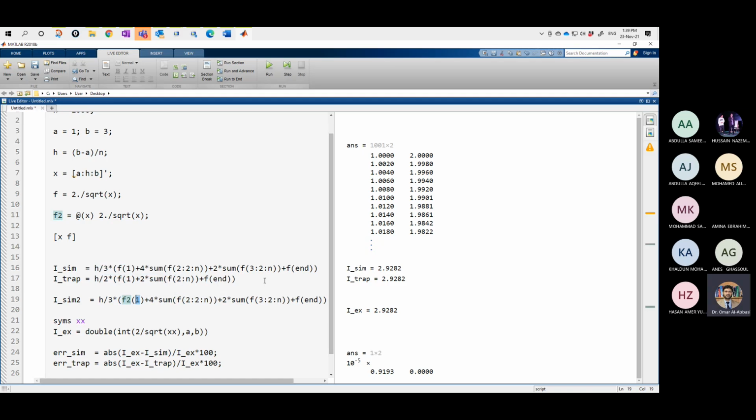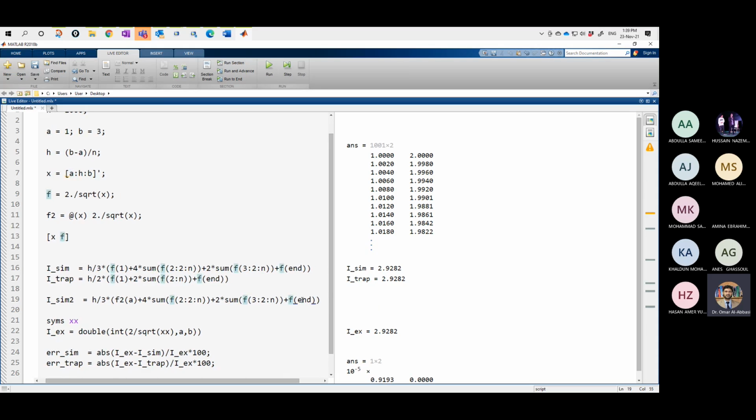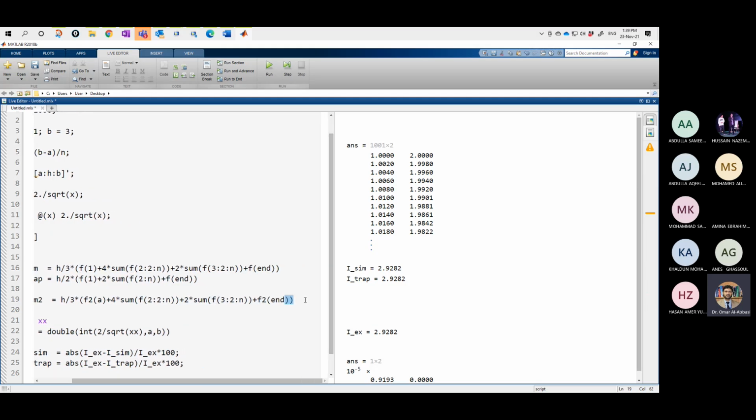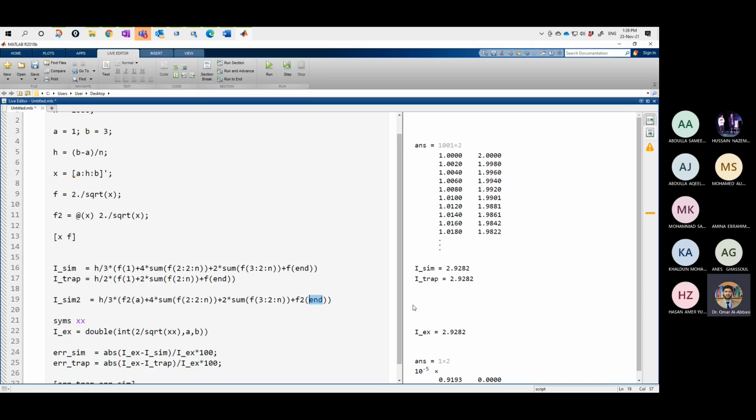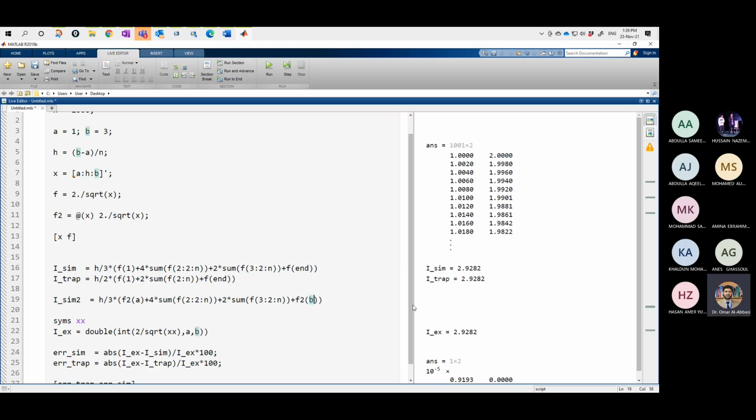I will evaluate it at a, the first limit, and that could be replaced by f of b, the second limit.